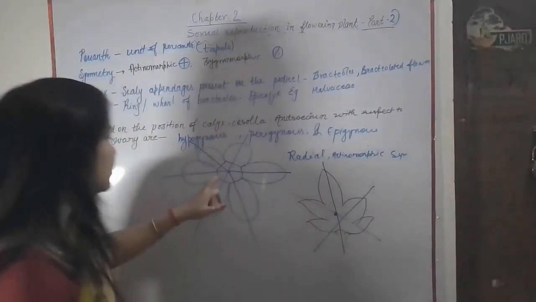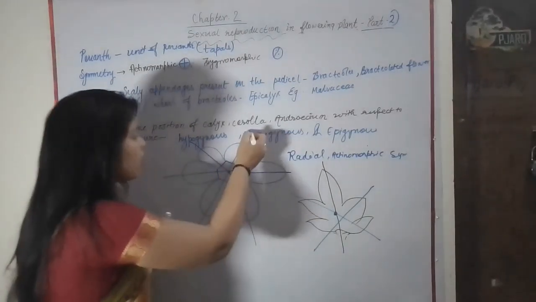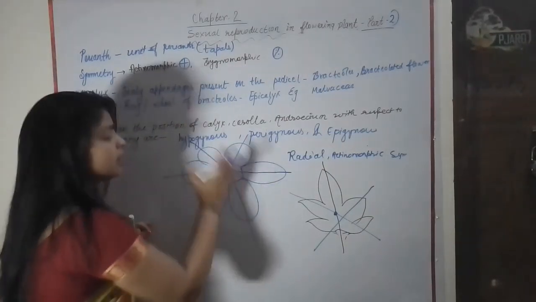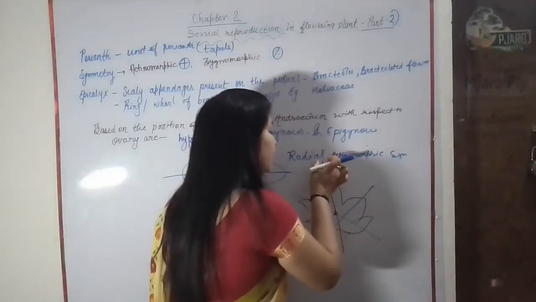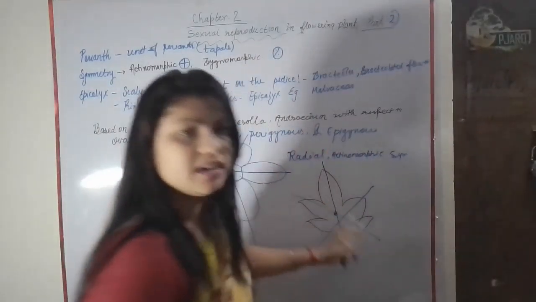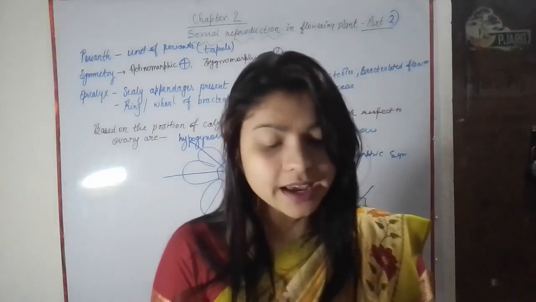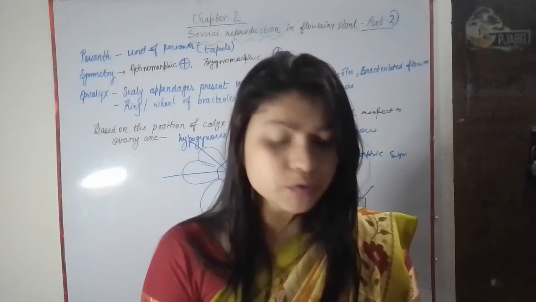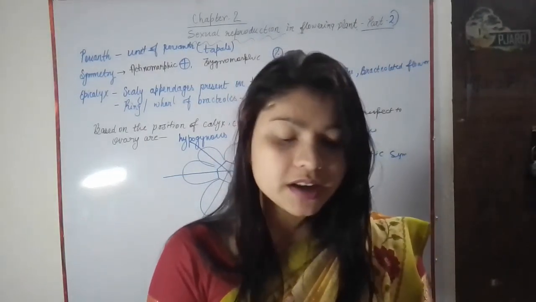In the other condition, passing from the center, you can draw the line from here and here and here, and you get equal halves. But here we only take one line to get equal halves. So according to the definition, a zygomorphic flower, when cut, is divided into two similar halves only in one particular vertical plane.